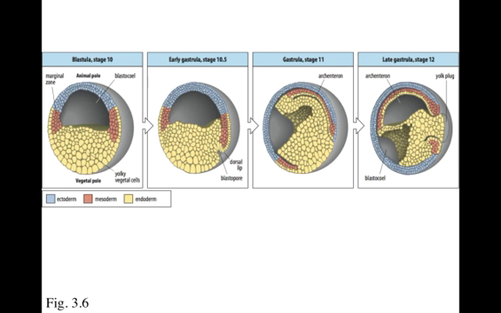Here's an early gastrula. The blastopore is starting to dent in, and as it does, these cells are really changing their position, and they're undergoing this convergent extension to make the belt longer, and instead of falling off the front of the body, the belt folds in, and we see this folding in process.